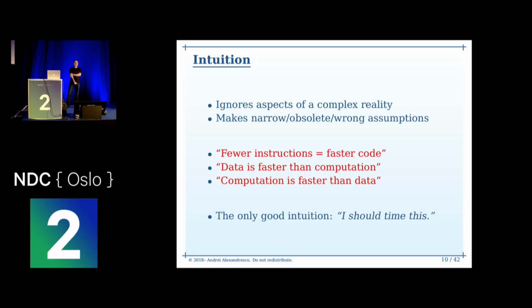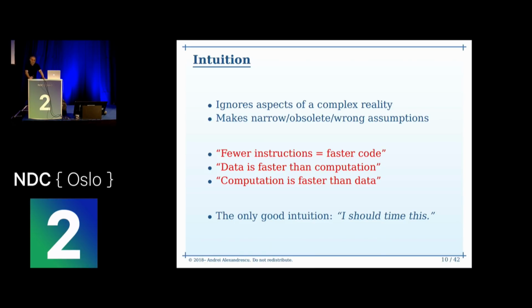And there's one good intuition you can have, which is, I should sit down and time this stuff. That's the one intuition you can use. I do this for a living, and many times I've said, let me measure this crazy, stupid idea that I'm sure is going to be terrible, and it went well. And vice versa.